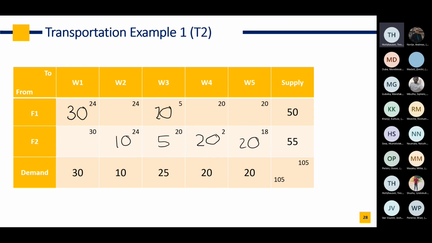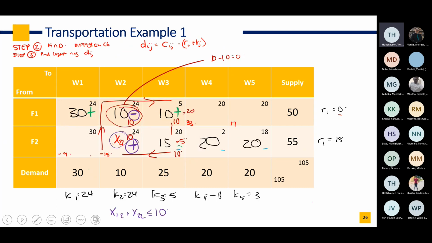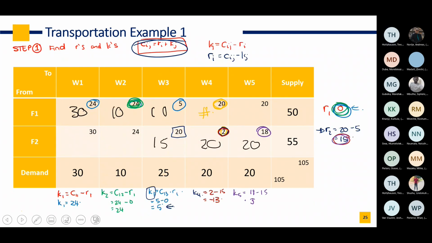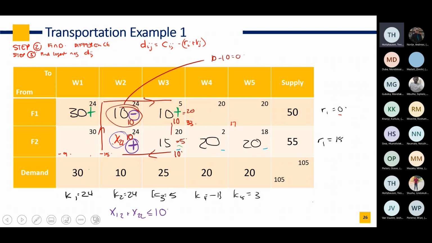So this would be our table 2 from yesterday. Remember, we did one iteration. We did the Northwest corner, which set up the initial basic feasible solution, and then we did an iteration from there and got our table. We changed it by bringing x22 in as a basic variable.